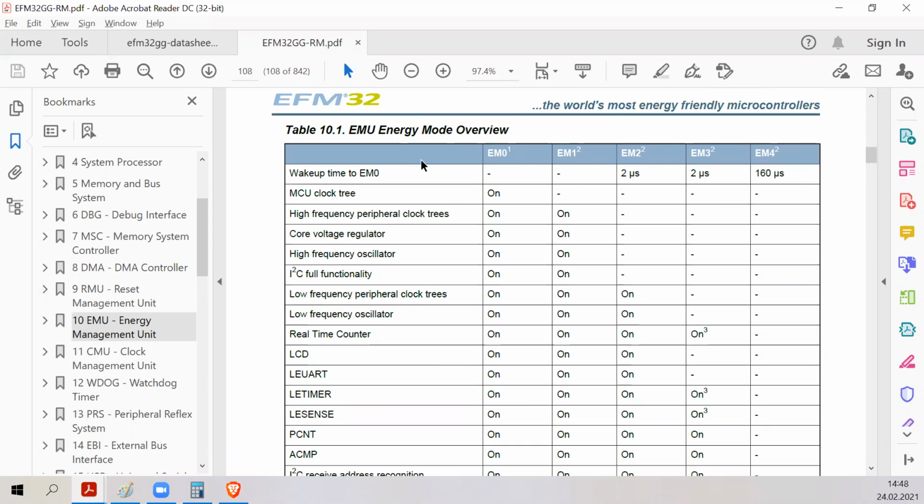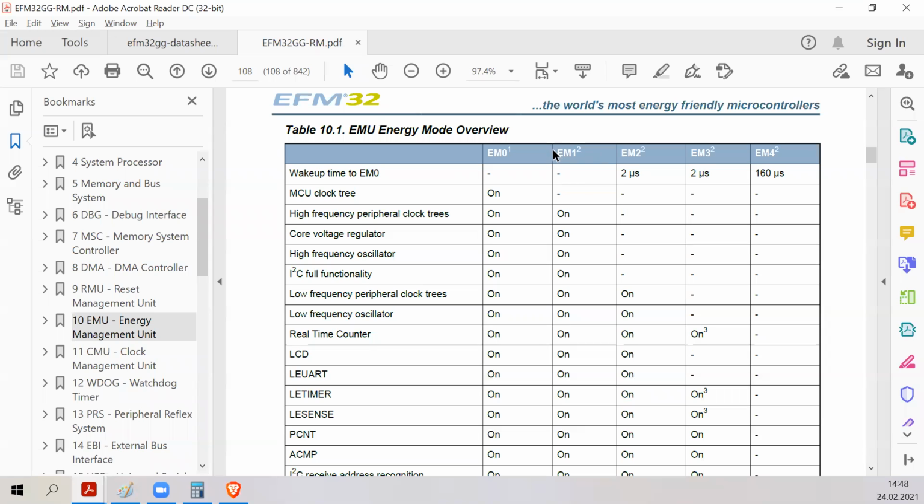And then the next energy mode, which exists in all microcontrollers, is when the peripherals are running, but the microcontroller's code is paused. For example, you can say, I want to send some information over UART, but while it's sending, I don't have to do any calculation, so I could just pause the microcontroller, but I can leave UART and everything else running.